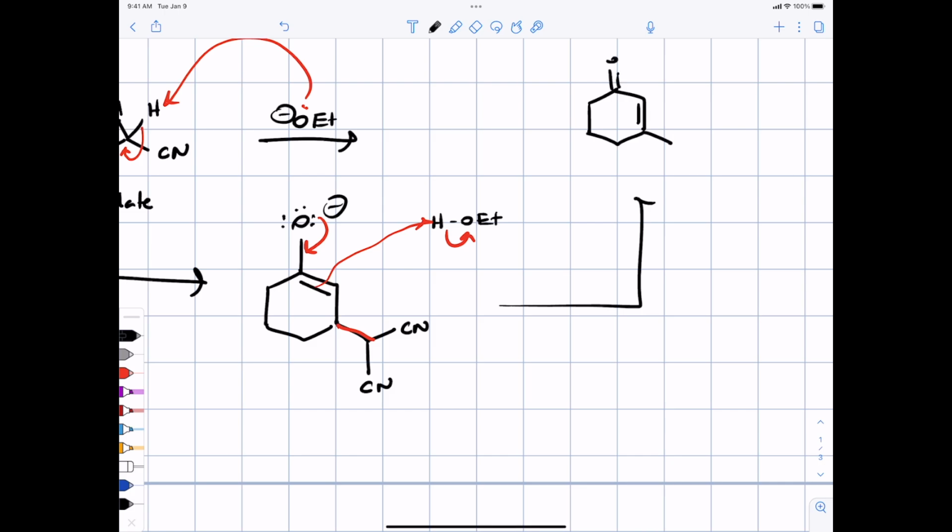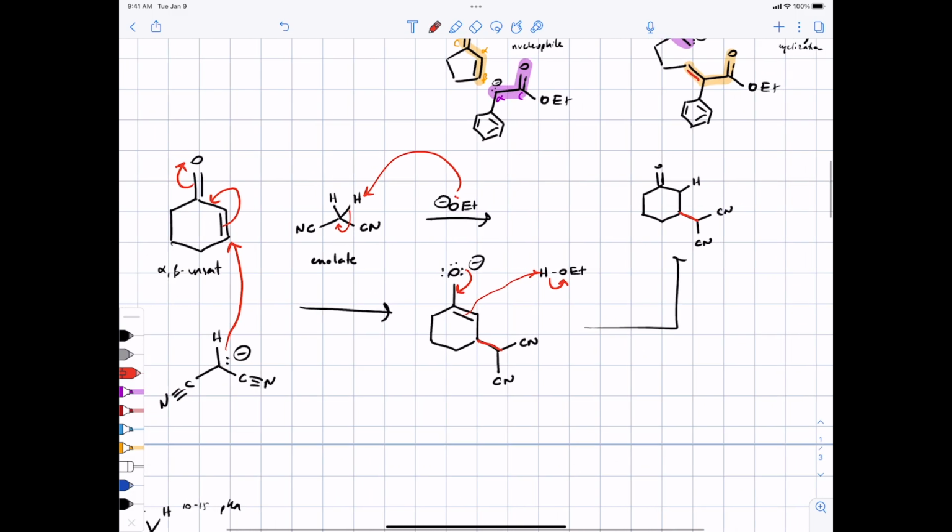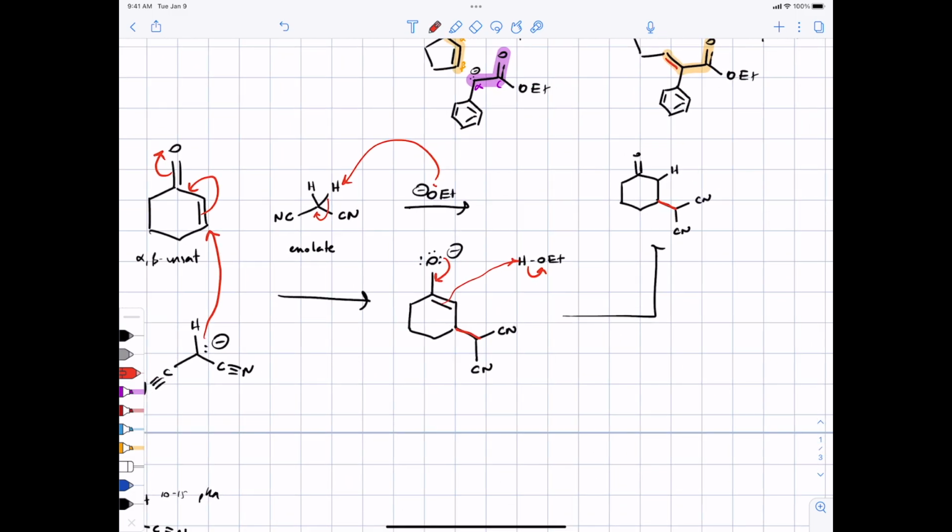Oops, nope, there's no double bond there now. That's the bond that I made. Okay, so that's probably worth some practice just until you're familiar with it.